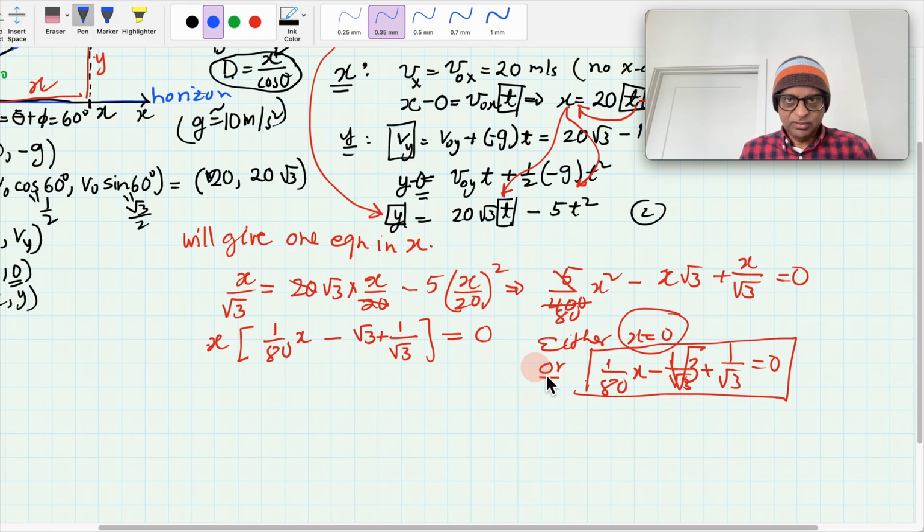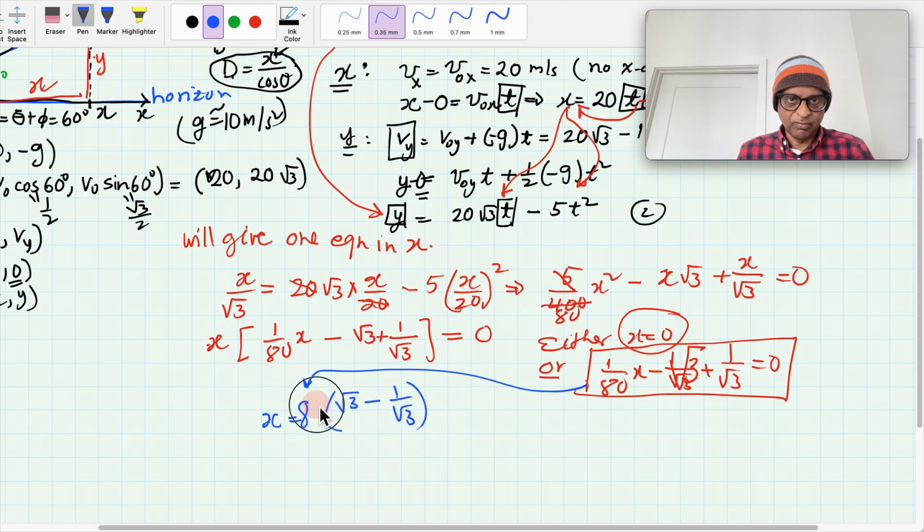So the answer from here should give us x equals square root of 3 minus 1 over square root of 3, this whole thing times 80, right? Well, we can simplify a little bit.